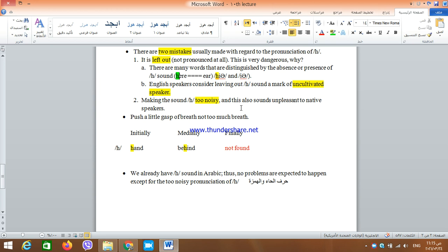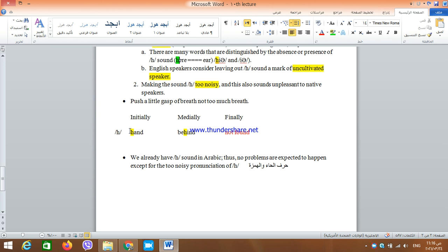In English we don't have that. Okay? So if you don't want to make it too noisy, push a little gasp of breath, not too much breath. If you push too much breath, the "ha" sound will be too noisy. So keep in mind not to push too much breath, more than required.